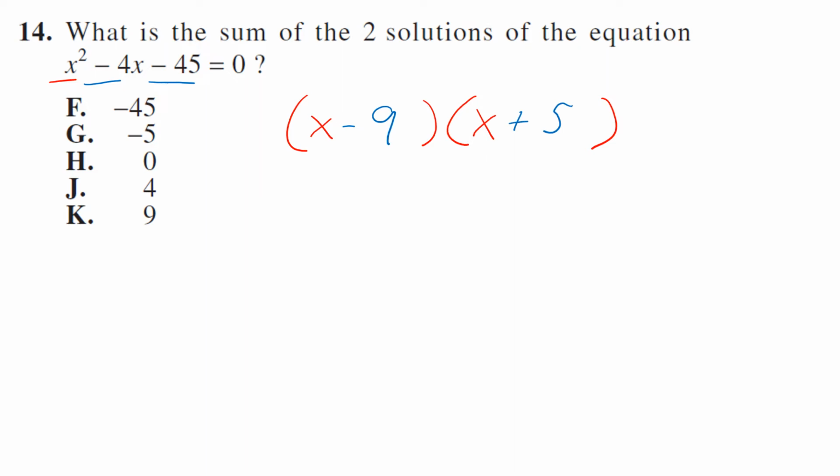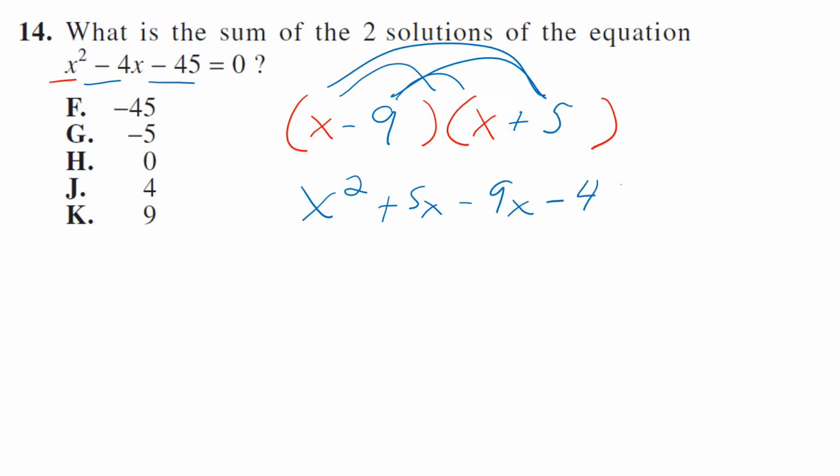Now we can FOIL this out just to make sure. First, outer, inner, last. We have x squared plus 5x minus 9x minus 45. And that does give us x squared minus 4x minus 45. So now we know we got it right.